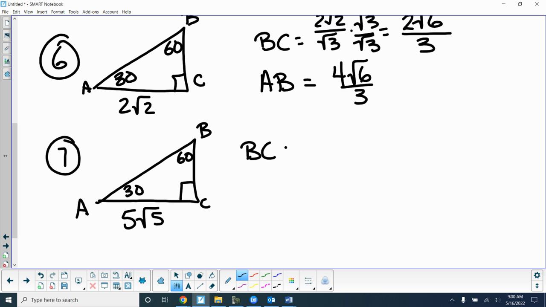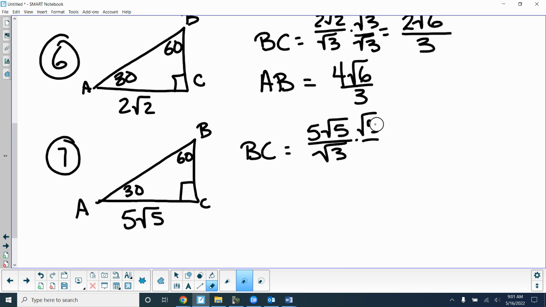Take 5 radical 5 and do what with it? Divide by radical 3. Okay, so 6 and 7 are the same problem, it's just different numbers. Same procedure. Rationalize the denominator. Oops, not 5. What should that be? 3. So what's 5 times 3?